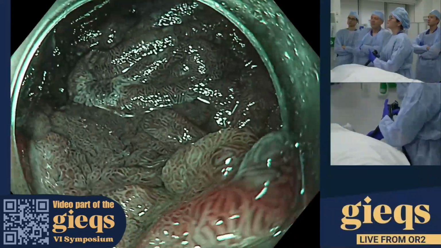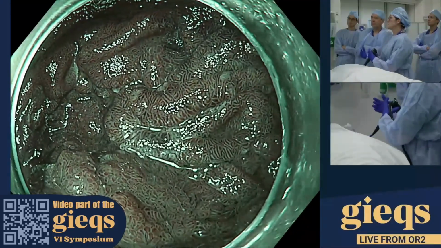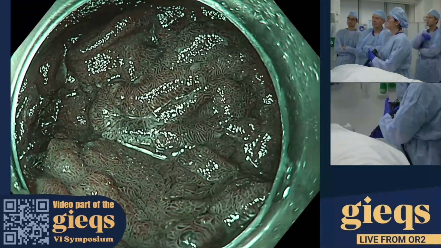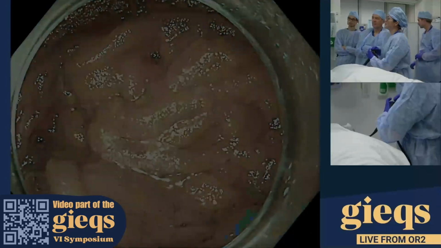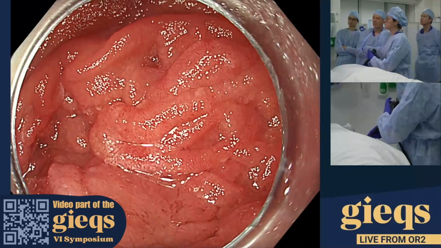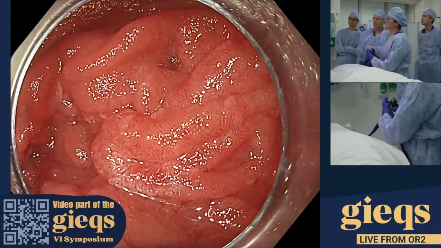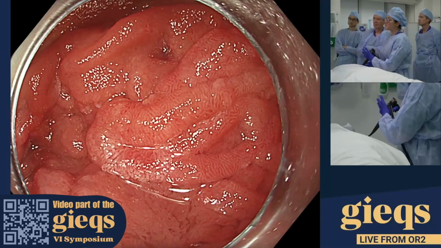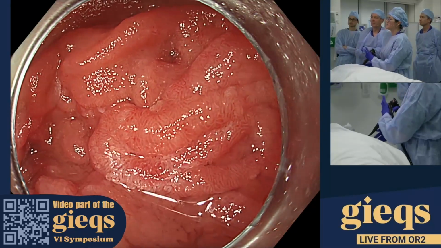Yeah, so I'm trying to make small movements with my endoscope and with my hands because, as you said, it's a delicate position, so it's very easy to fall back. I'm trying not to use too much air at this moment because I'm happy with the insufflation.